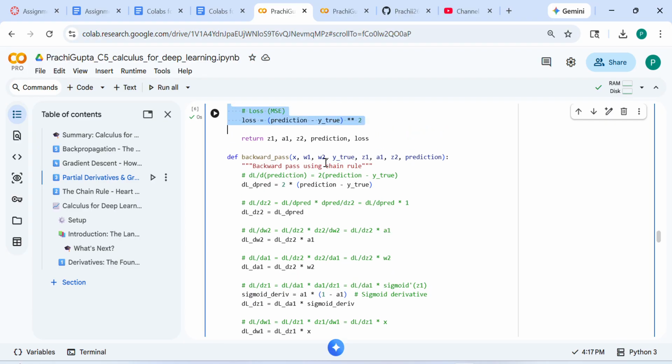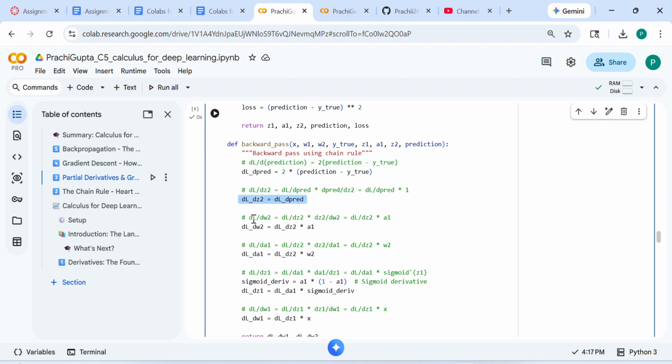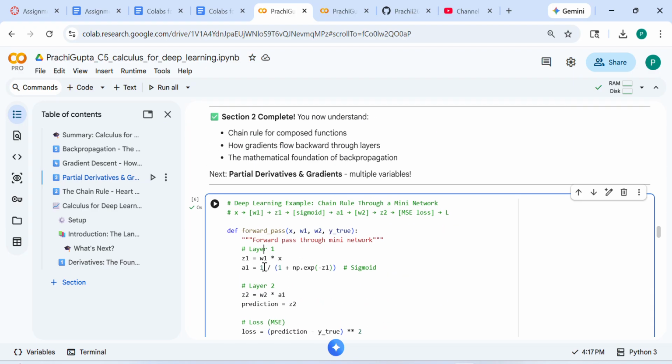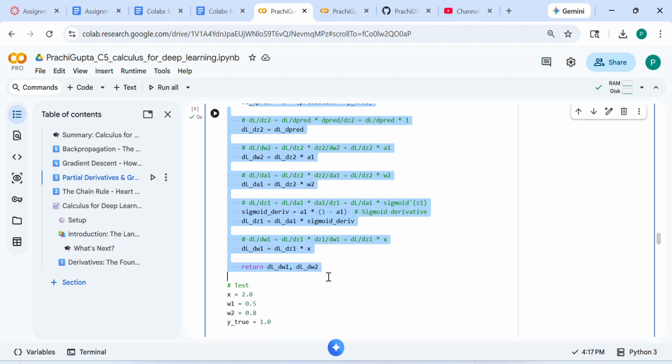So how do W2 and W1 affect the rate at which the loss changes, that we will see. We have defined dL/dL here, so it will be prediction minus 2, and then we will store it. So basically we are doing backward propagation.